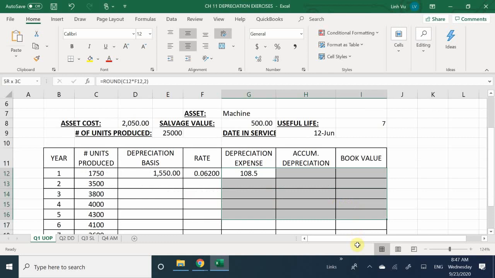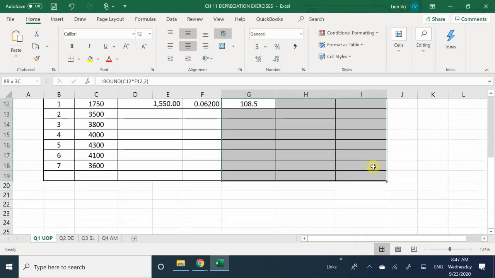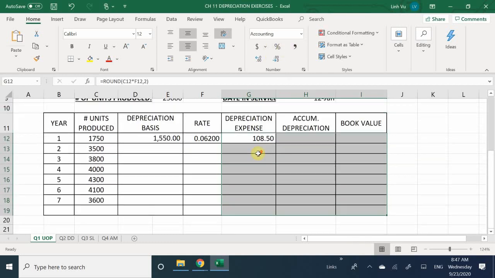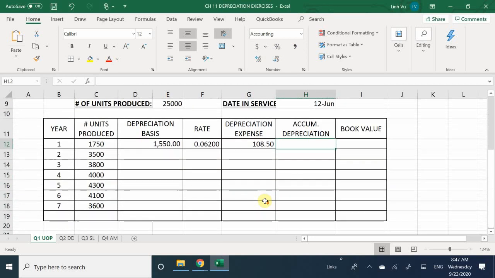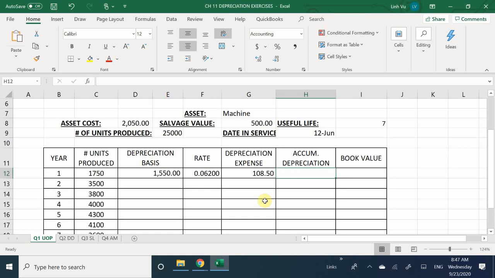Okay, so I'm going to go ahead and change all these. Good. $108.50. So what is my accumulated depreciation for the first year? Same, 108.50. Yes, it's going to be 108.50.